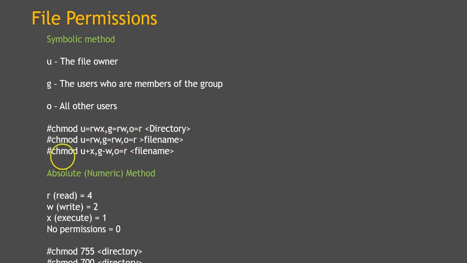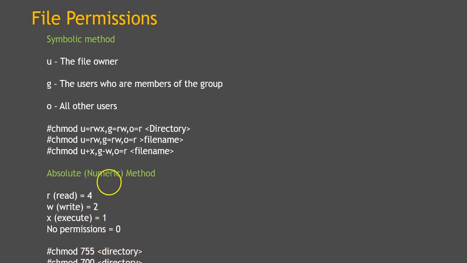And the other is the absolute method, or numeric method. This is very easy to understand. The value for read is 4, for write is 2, for execute is 1, and no permissions means 0. If you see this command, chmod 755 directory or file name, whatever you want you can give.